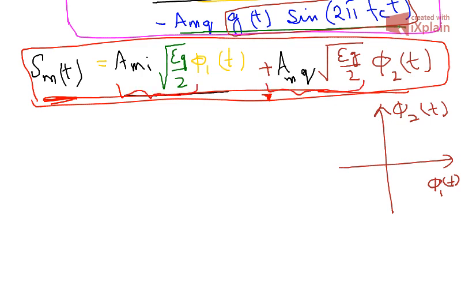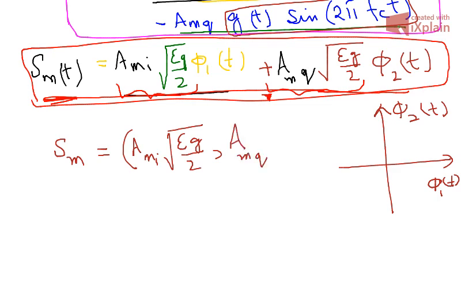We can write the vector form of our signal. In the vector form we use a different notation: I just use Sm, not Sm of t. So the vector form of my signal Sm is just these two coordinates, A mi times the square root of Eg over 2, and A mq times the square root of Eg over 2.